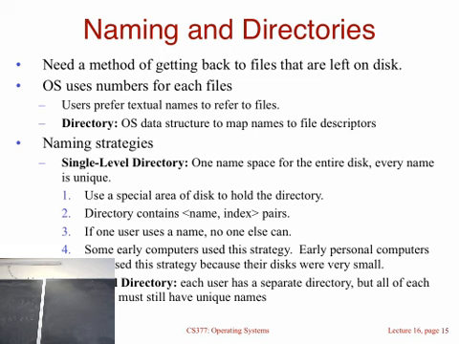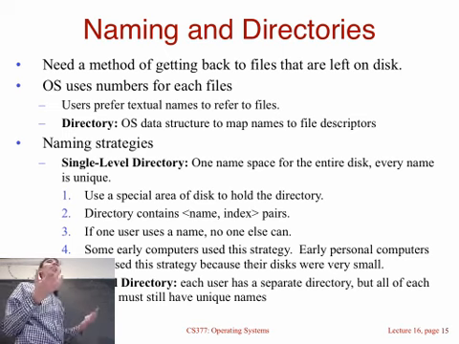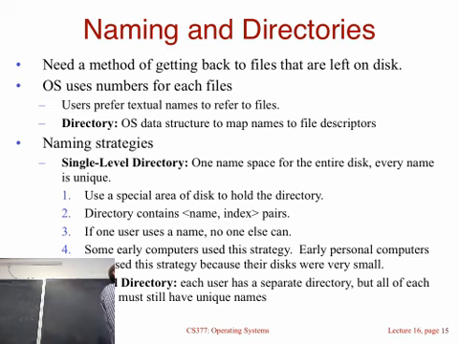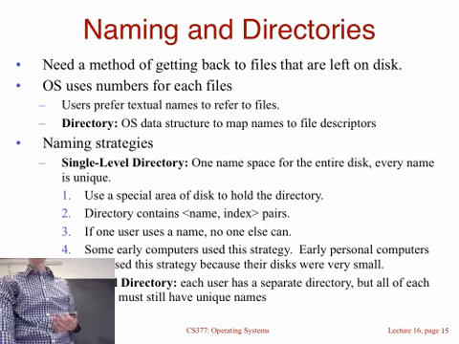So this is foo, this is bar, this is baz, and so on, and these are all just pointing to actual files on disk, or rather pointing to all of the metadata associated with a file, which also says where the data is actually located on disk. Essentially, a directory is like a lookup table from a file name to the actual file data structure that the OS is maintaining.